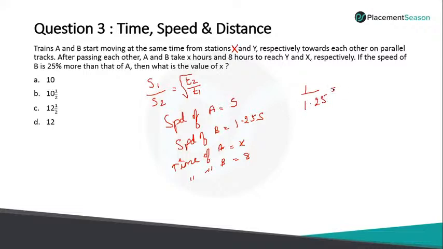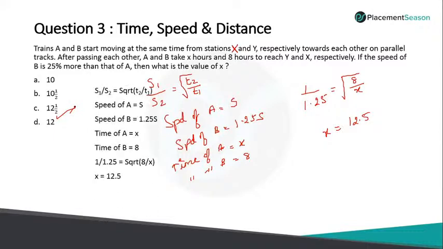Then this is equal to square root of time 2, the time of B, which is 8, by X. On solving this, you will get X, because we know all the values here. Only one variable is there, which is nothing but X, equal to 12.5. Just 12.5 hours, 12 1 by 2. Option C. Clear? We'll move on to the next question.